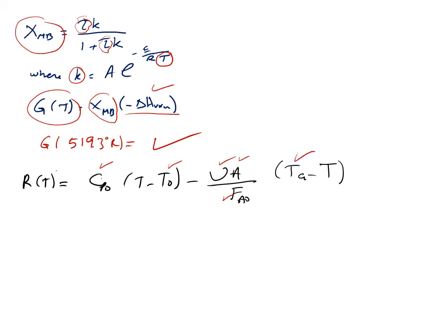So all you need is to plug in the value of T here and the value of T here, which was 519.23, I believe. And then you get the value for RT at 519.3, and here we go. That was really easy. What else?